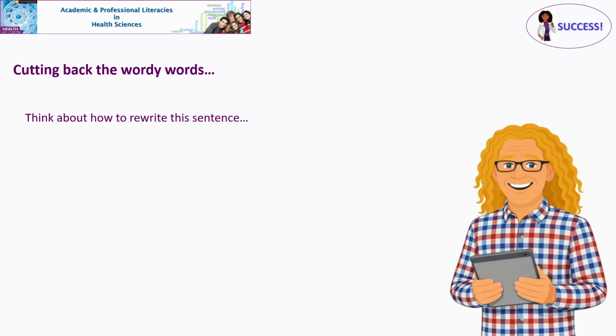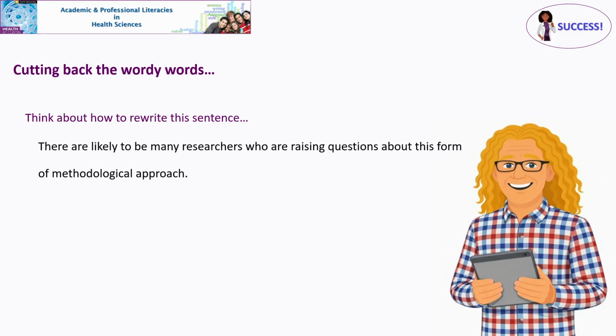So, continuing on this trend, cutting back these wordy words, how might we rewrite this sentence? There are likely to be many researchers who are raising questions about this form of methodological approach. Wow. We can see that there are many elements that we can think about changing. Have a think about it. How could we write this more succinctly?